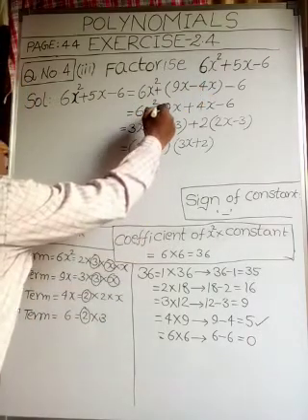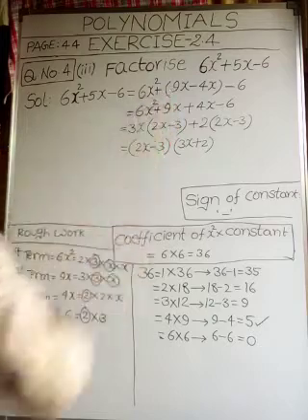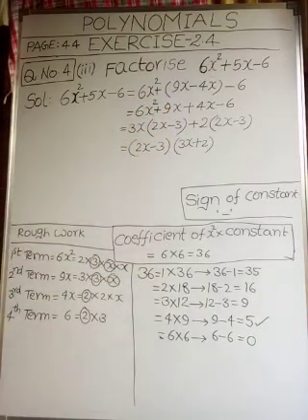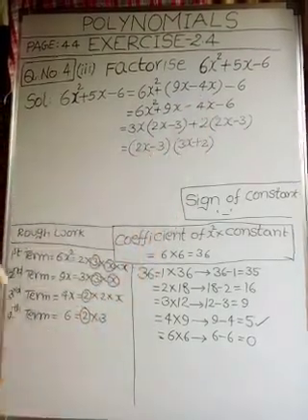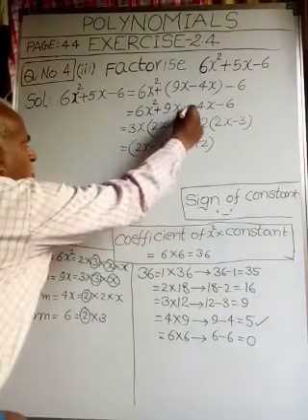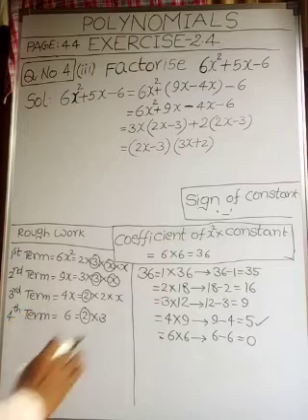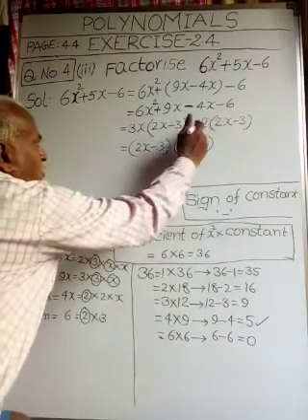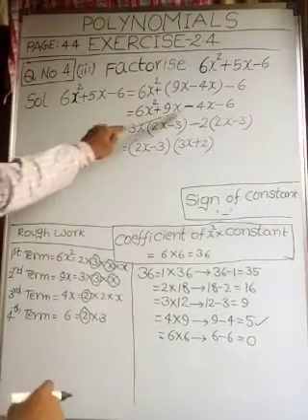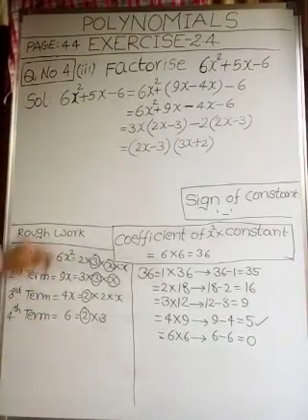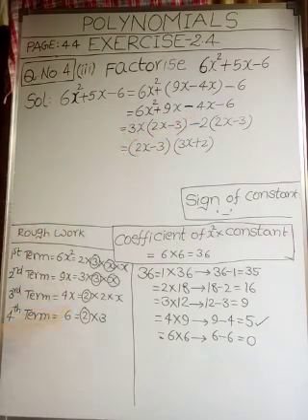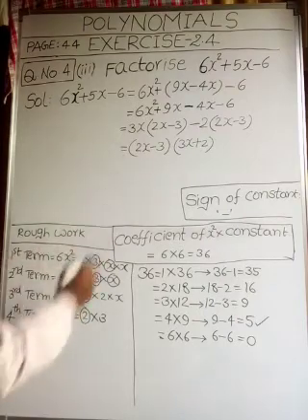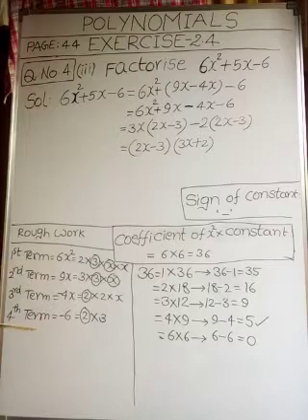Then what will you get here? 6x square plus 9x, and minus 4x minus 6. In this step you get 4 terms. 6x square is the first term, 9x is the second term, minus 4x is the third term, and minus 6 is the last term. For these 4 terms we are writing prime factors.